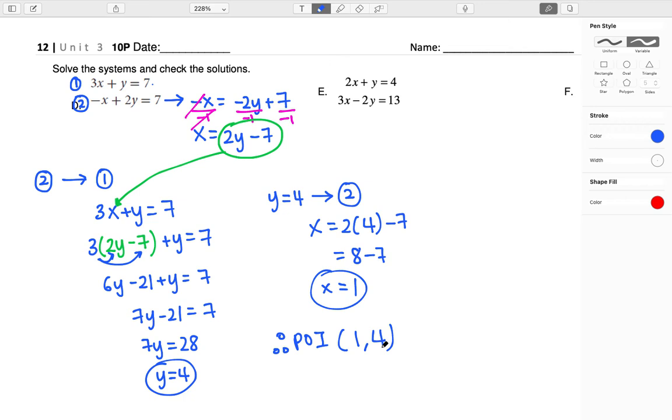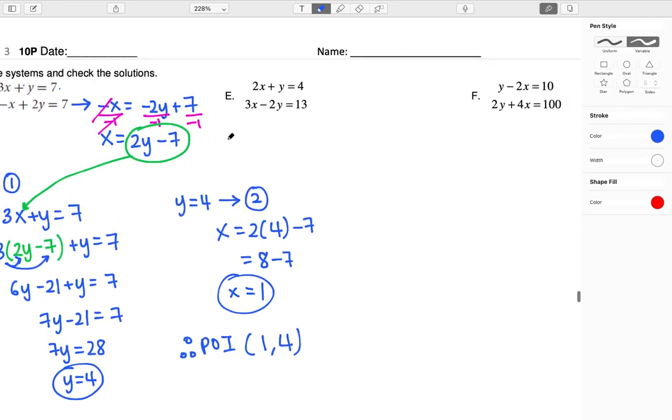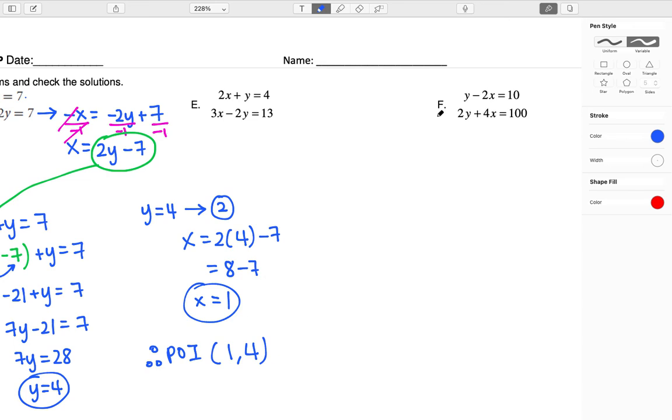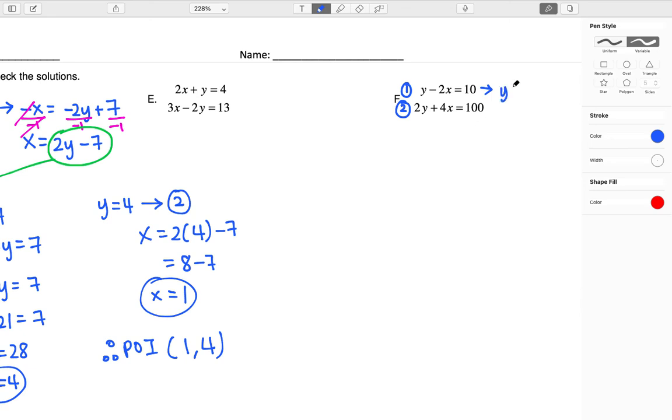You need to be comfortable doing both substitution and elimination. But substitution is easy when you have no number other than 1 in front of a variable. That's the easiest way to do a substitution. So if you take a look at letter F, when you have two equations here, I would isolate for equation 1 as y is equal to 2x plus 10.